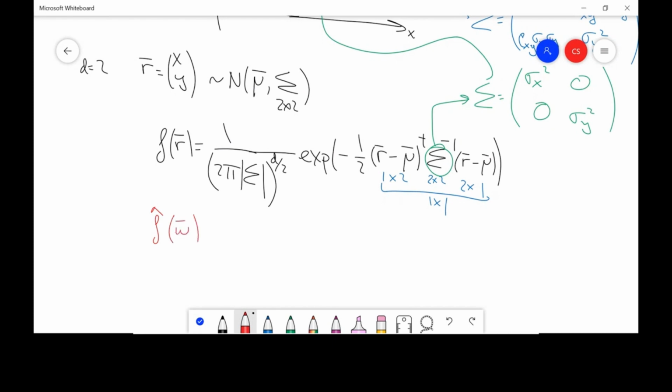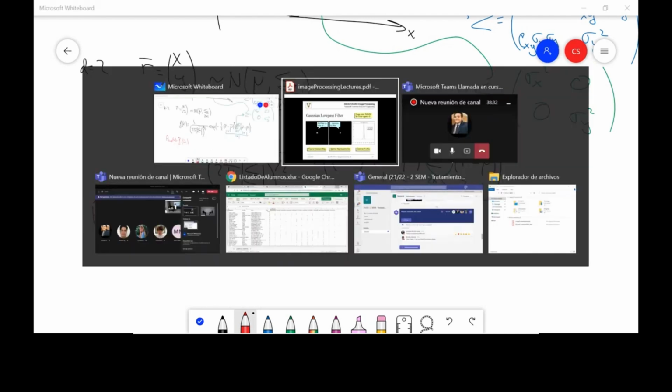The concept is the same, simply this will be the omega frequency. Typically, you want the Gaussian to be centered at 0, so this is simple: mu is 0. And this will be your low-pass filter. So my low-pass filter will be a Gaussian with this expression, and I only have to define the sigma matrix, which sets the cutoff frequencies.